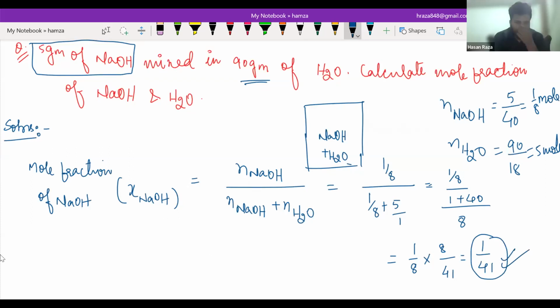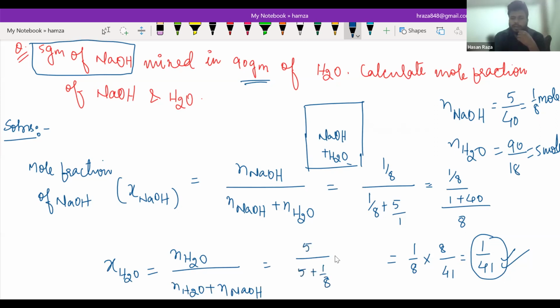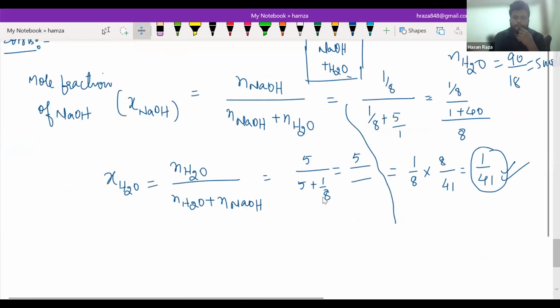And again the mole fraction of H2O has the formula number of moles of H2O upon total moles. That means number of moles of H2O and number of moles of NaOH. And it will be 5 upon 5 plus 1 by 8. Again, if you take the LCM, it will be 8, and it will be 40 plus 1.